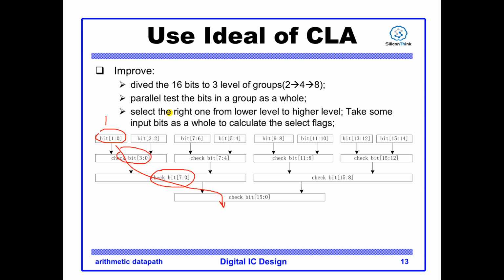So the calculation, they find the first bit one in this small group in parallel, and the group of 4 bits is parallel, the group of 8 bits is parallel. Yes.